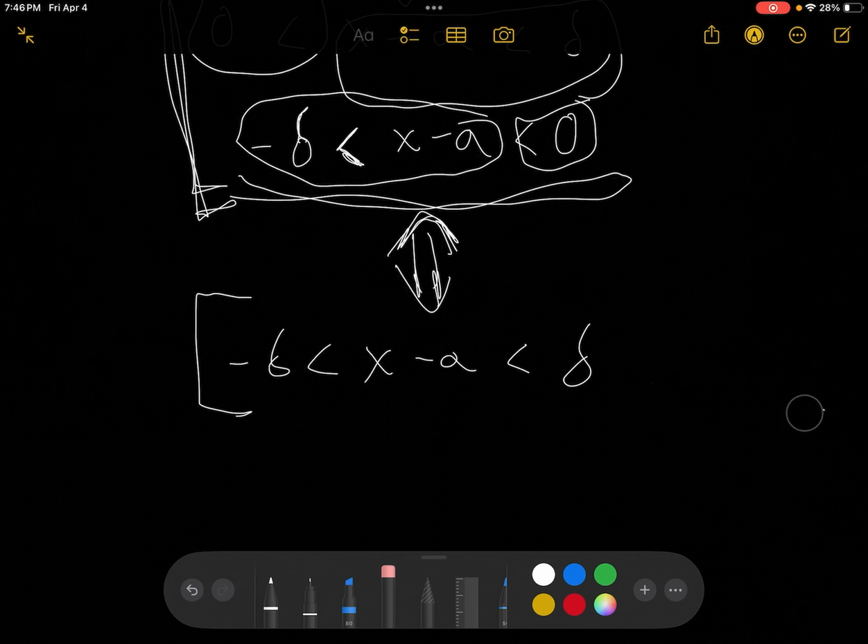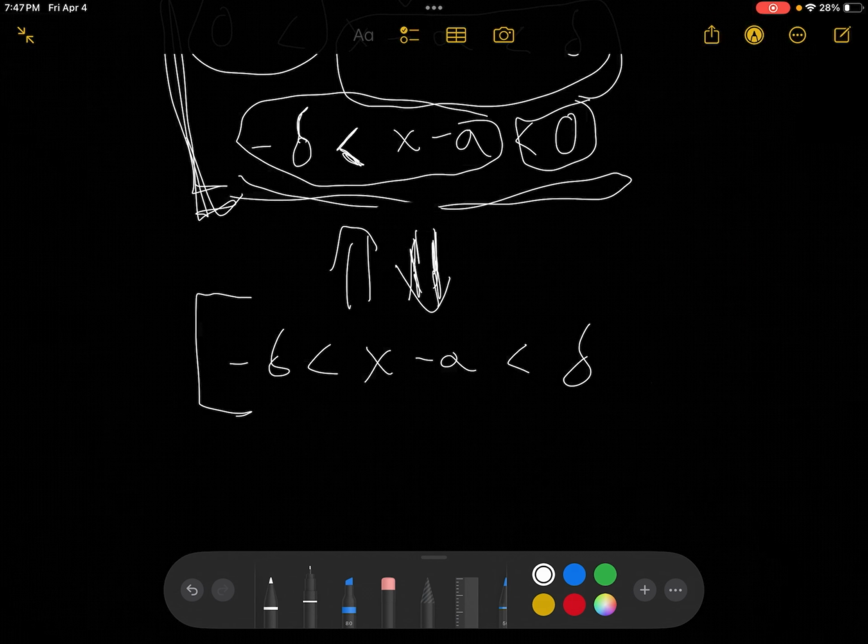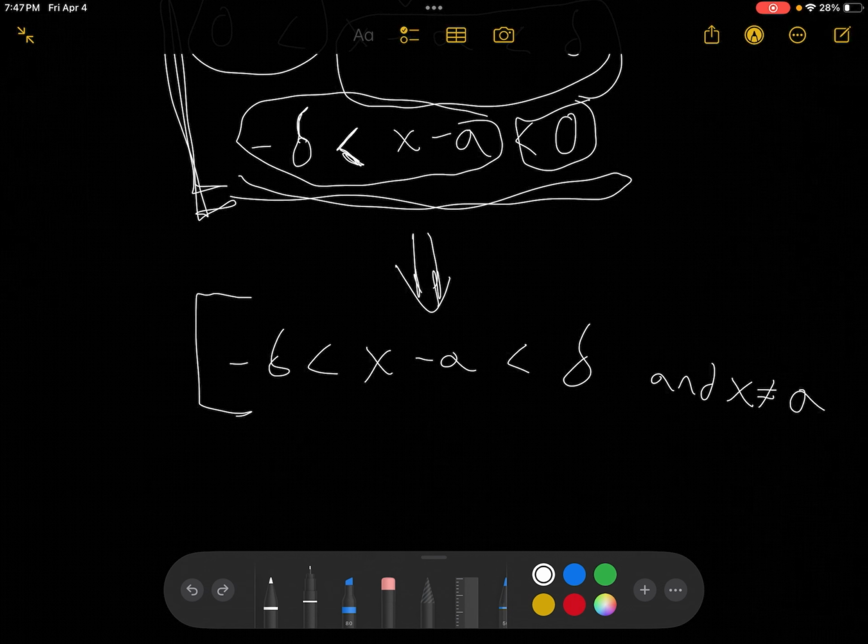And if we omit this x equals a case, then this top inequality implies this second inequality. It's just not true in the reverse. If we include the case x equals a, then the expressions are entirely equivalent.